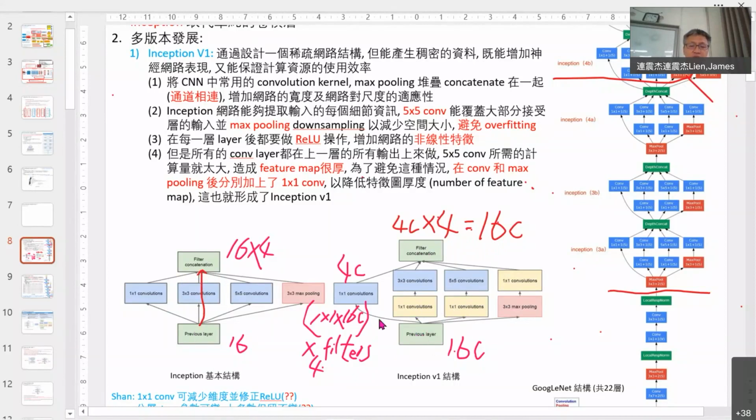So we include 1 by 1 filter to reduce the channel number. So here, based on 1 by 1, we reduce to 4 channel. So the same 4 channel and 3 by 3 and become 4. 16 channel become 4 channel and 5 by 5 and output is 4 channel. Here we do maximum pooling, however, here is still 4 channel.